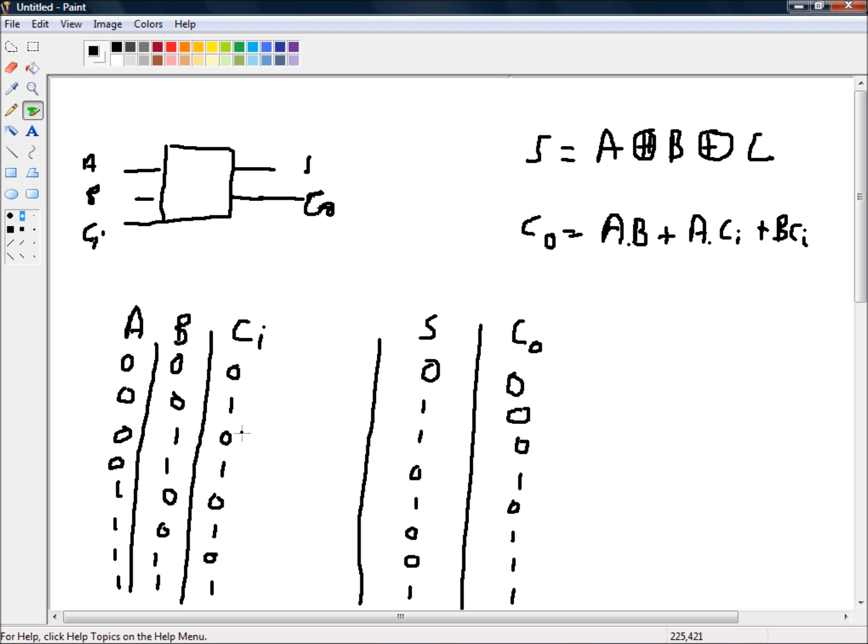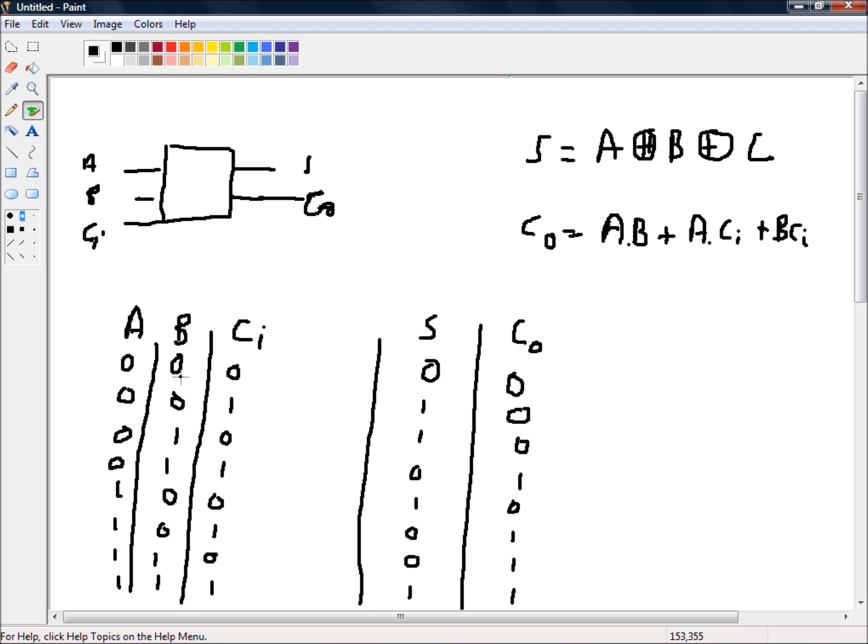So basically, if there are two 1s, or at least two 1s, will there be a 1 in the carry, which is what we want if we're adding these together. So that actually does look right.